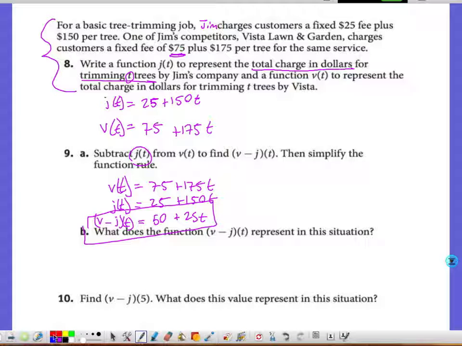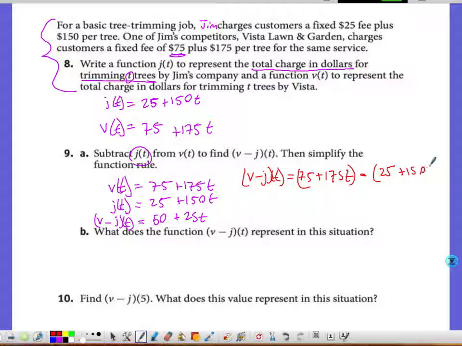Now, there's a different way we could have done this as well. We could have written it like this. V minus j of t is equal to 75 plus 175t, parentheses, minus 25 plus 150t.